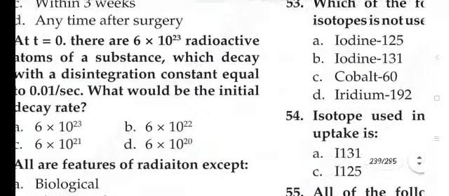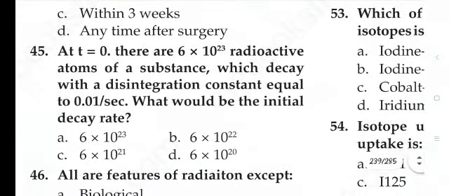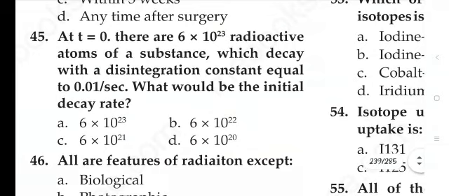Next question is, at T is equal to 0, there are 6 into 10 to the power 23 radioactive atoms of a substance which decay with a disintegration constant equal to 0.01 per second, what would be the initial decay rate?